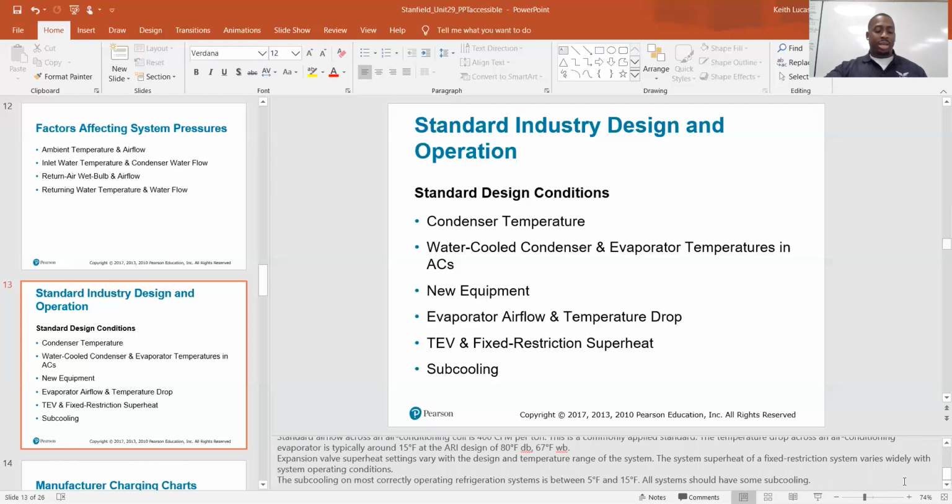It's going to require you to take a few temperature measurements of the ambient air and things like that. But if there is no data tag, or if there's no target subcooling on the data tag or a charging chart, then you can default to 10 on your subcooling, and that'll get you pretty much where you want to be on your subcooling.